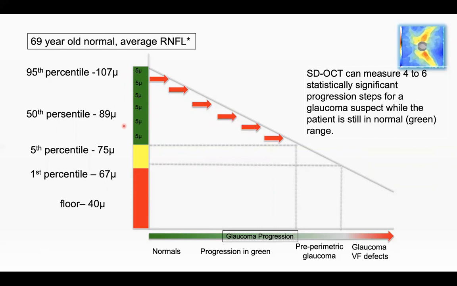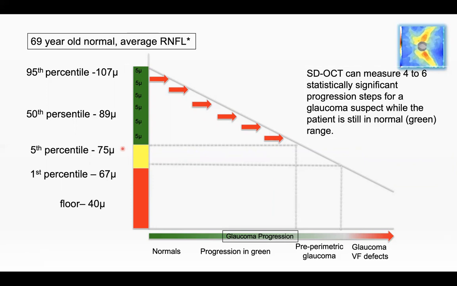The OCT thinks, in the normative database comparison, she is still normal even if she lost this amount of RNFL. We call this progression in green. Average RNFL thickness does not become yellow until the 5th percentile, where we start to classify the patient as preperimetric glaucoma in this area.